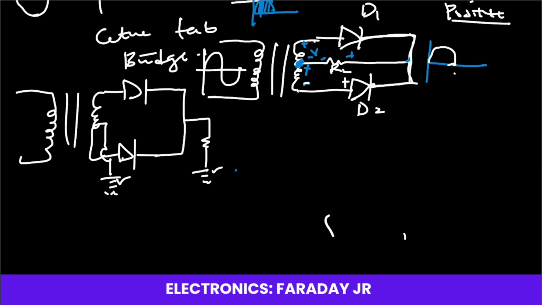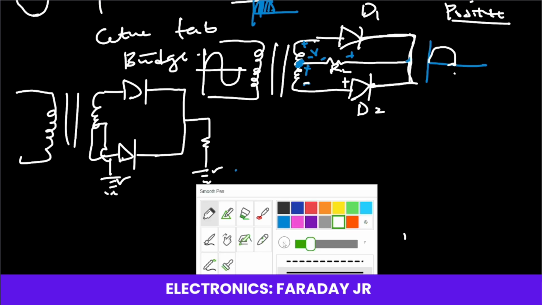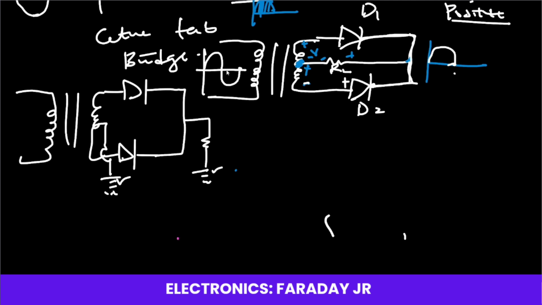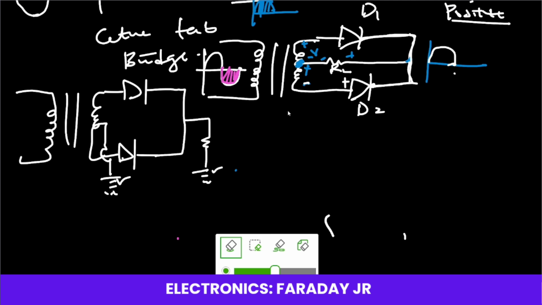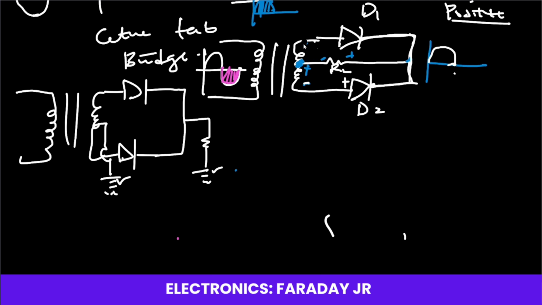Now let's look at the negative half cycle, meaning that at this point in time we are considering this side of the signal being active, and see what will happen. Then it means that we have to take this one off and redraw it to suit what we are saying.